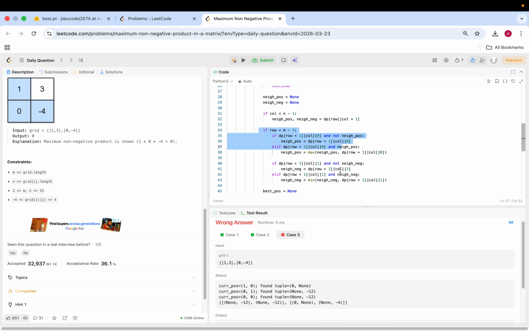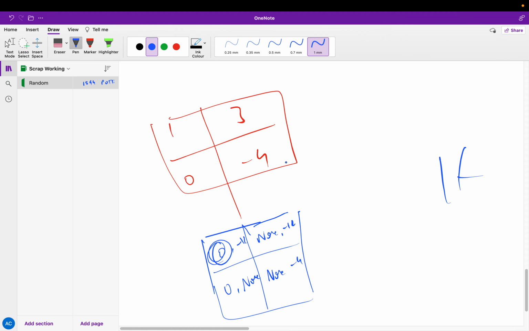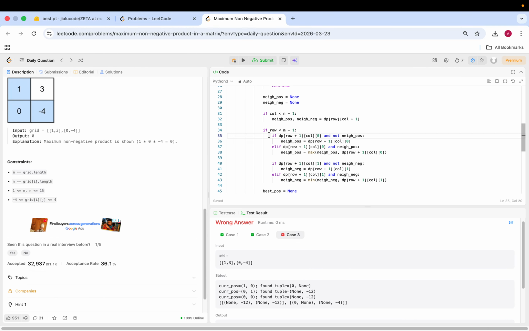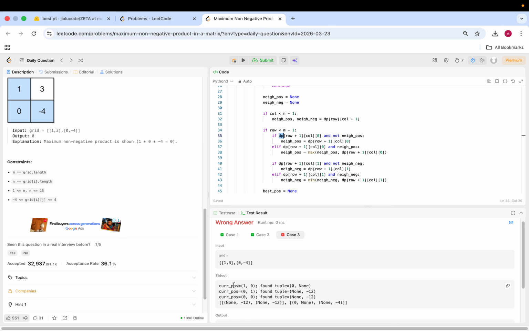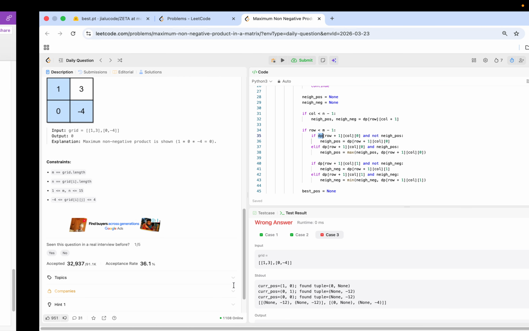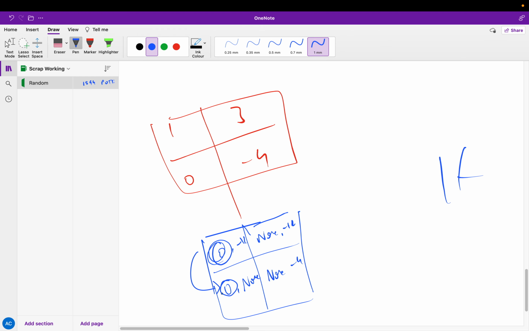If DP at row plus 1, col 0, this should have run, right? Why did this fail? DP row plus 1 refers to the guy beneath you, same column, and then the 0th index.